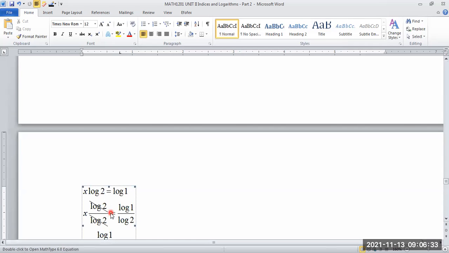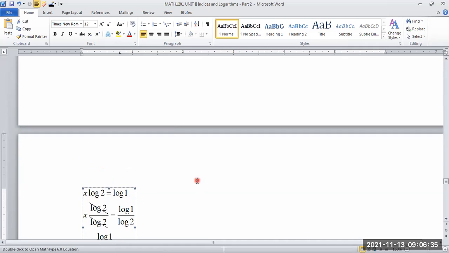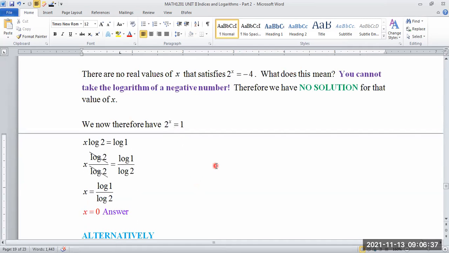We're going to have 2 to the x equals 1. And then recall, I'm not going through this again. I want you to look at this and tell me if you agree with me right here, because these are the simple exponential equations that we solved last week, week before, thereabout.